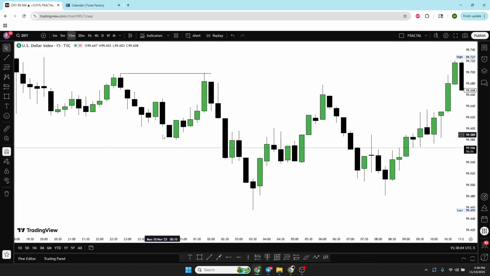So you want to pair the liquidity. So we take out buy side. Now I'm looking for sell side, which I see right here. Right? So now we have a buy side liquidity pool being taken with a potential sell side to be taken. So now we have a fractal range.